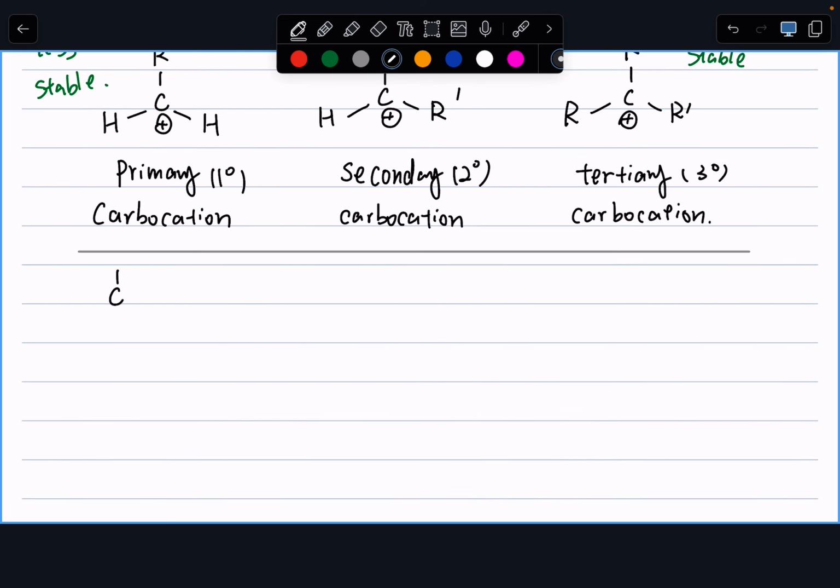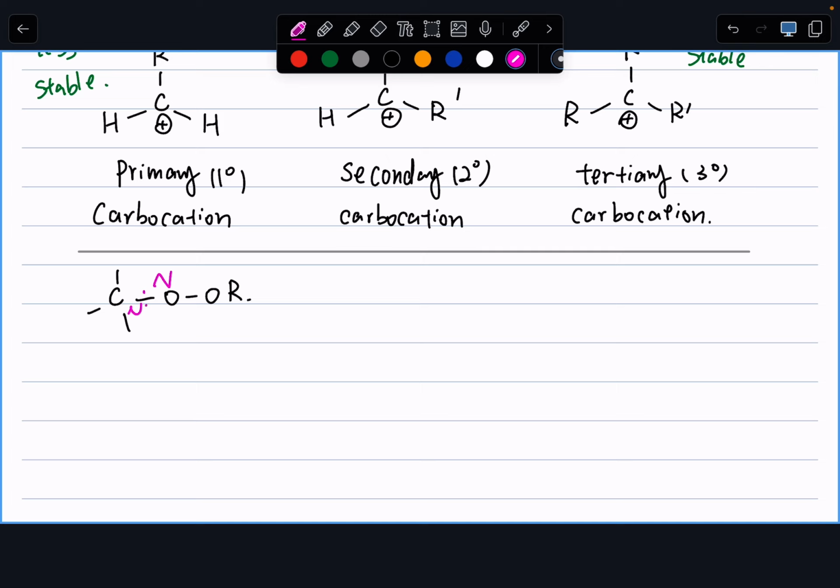So likewise, when we have, let's say, three different things attached to the carbon, and let's say now I have a peroxide on my carbon, we can have a homolytic cleavage. This kind of arrow indicates a one-electron process.